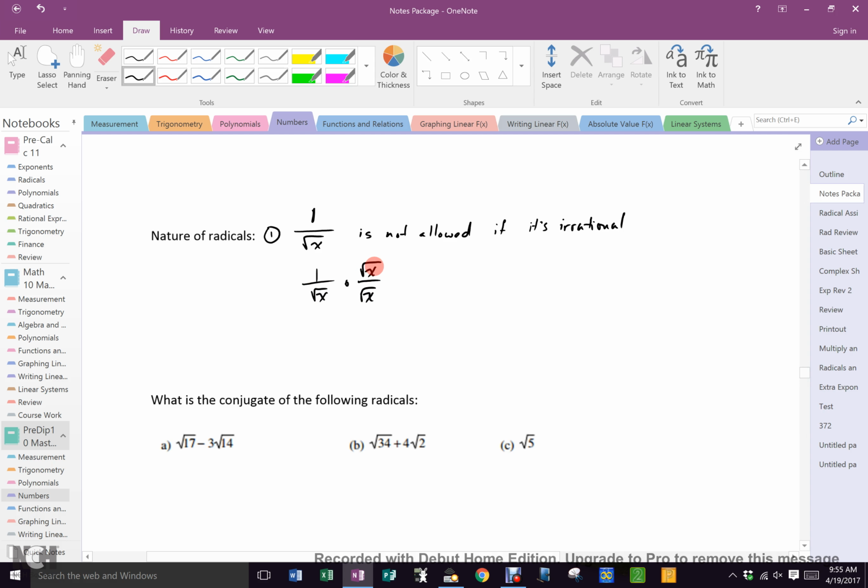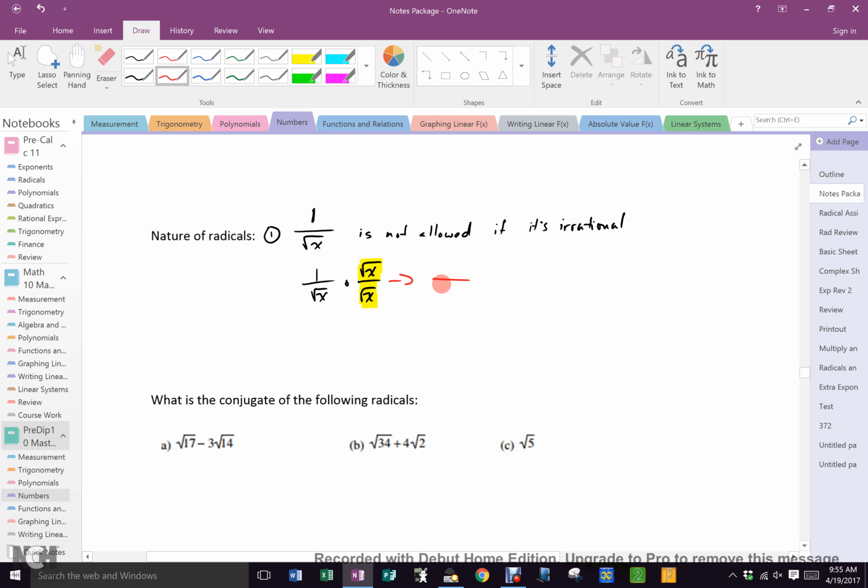It's going to give me a cancellation, but why did I have to multiply the numerator and the denominator by the same thing? The fraction stays the same because this equals what? 1. And does multiplying by 1 change anything? No.